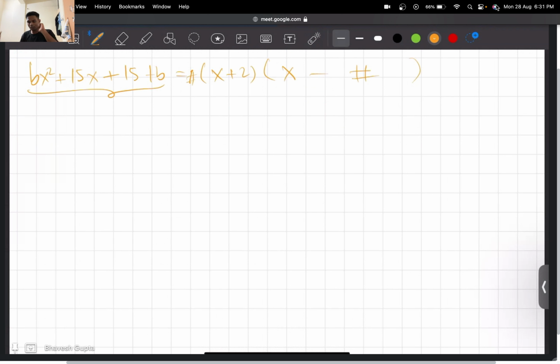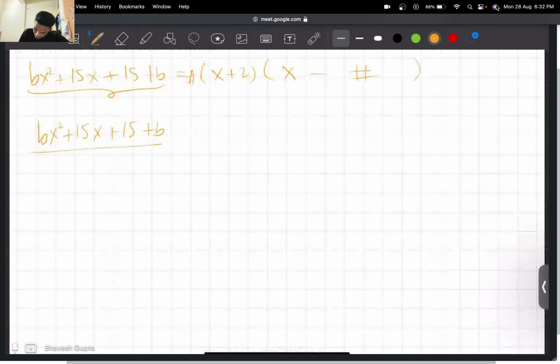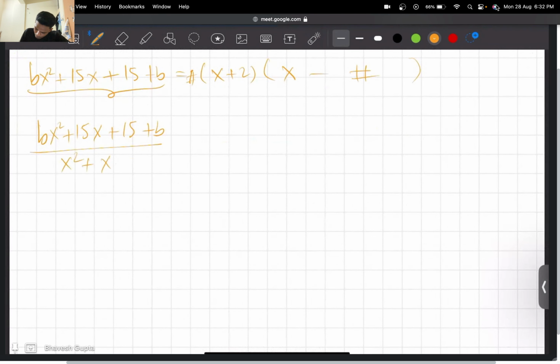And why do I want to do this factorization? Because I can always have such a condition. Let's say, just look at the structure, just focus on the structure now.